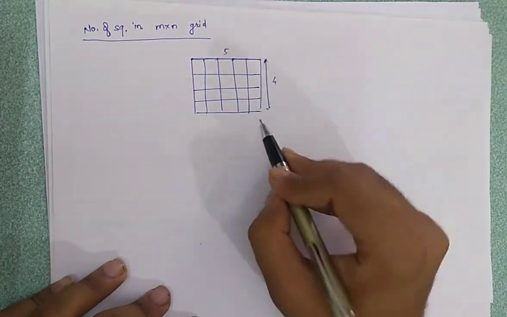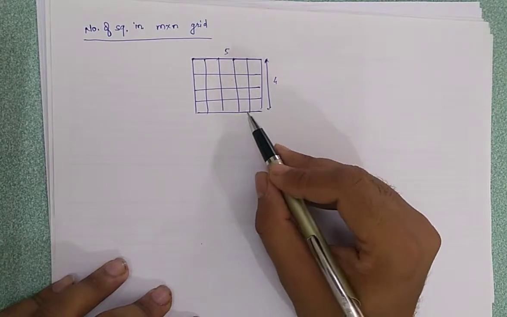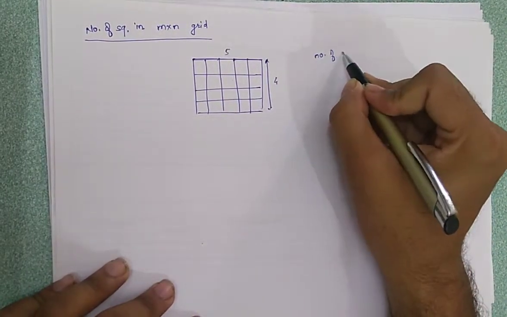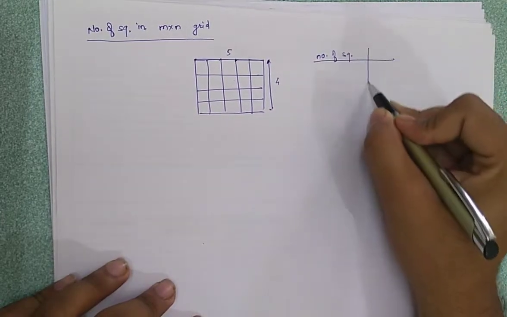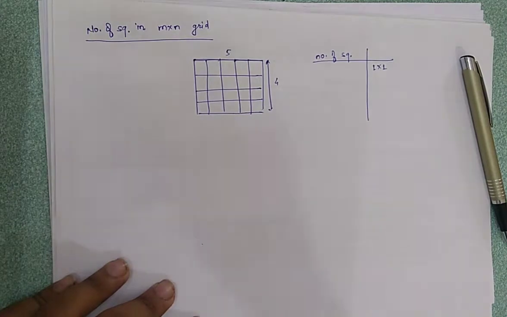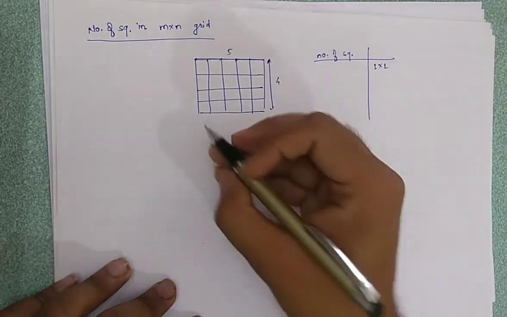So this is an m into n grid. How do we solve such grids? Again we'll check the number of squares of type 1 into 1. So 1 into 1 squares are these smaller squares.